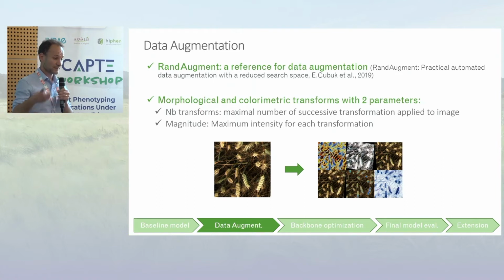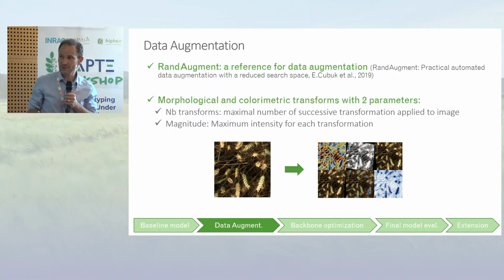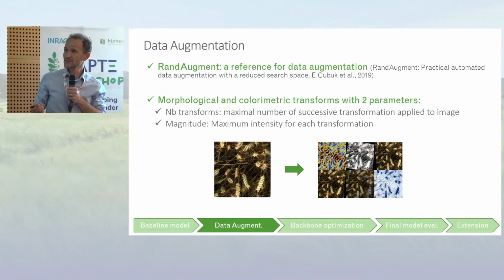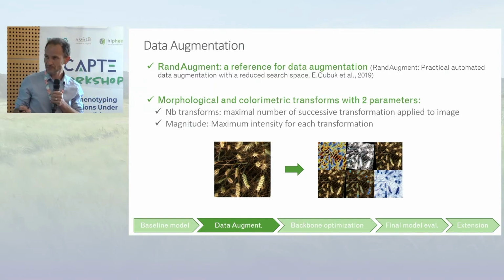But saying that, we can have a lot of possibilities to modify our input data, and therefore we have to optimize some of the parameters of this transformation to have something that is not too far from reality, and that could decrease the performance. This RandAugment has two parameters, the number of transformations and the magnitude of each transformation.